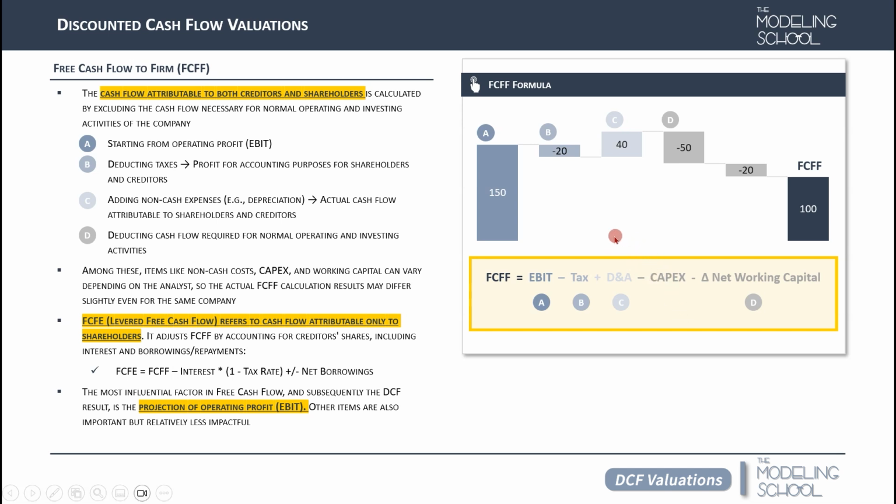So, depending on each individual analyst, some people prefer to use lower numbers for capex. Some people go more conservative and use higher numbers on capital expenditures. So depending on who calculates free cash flow, basically the results can be different.